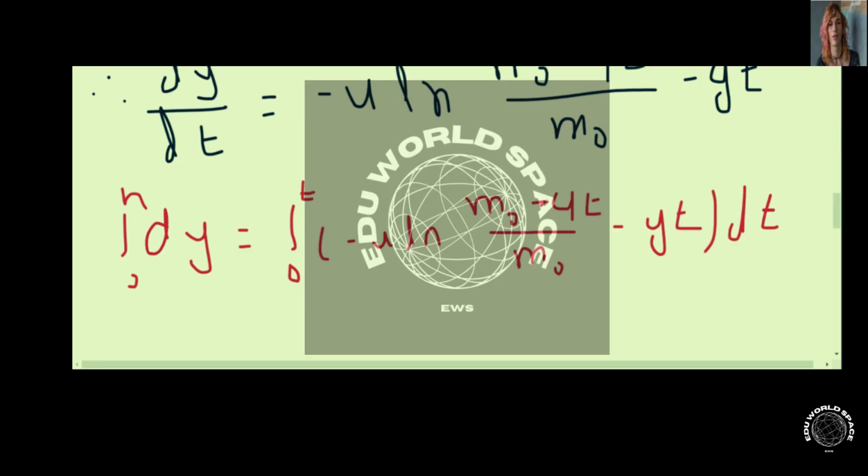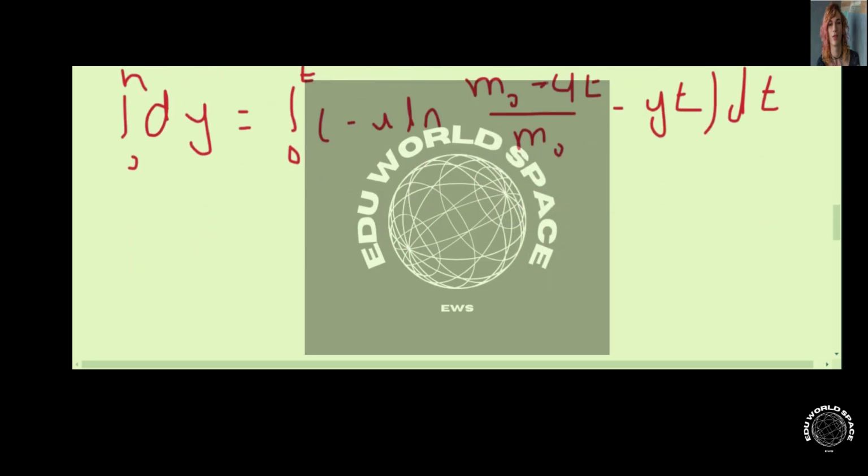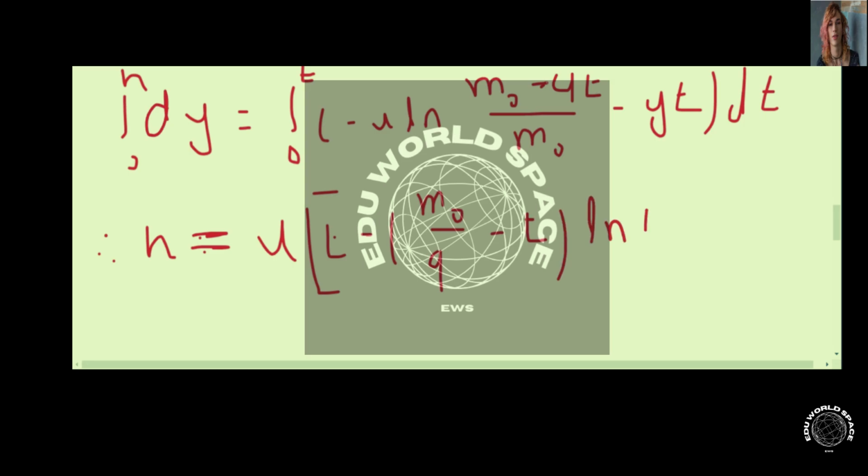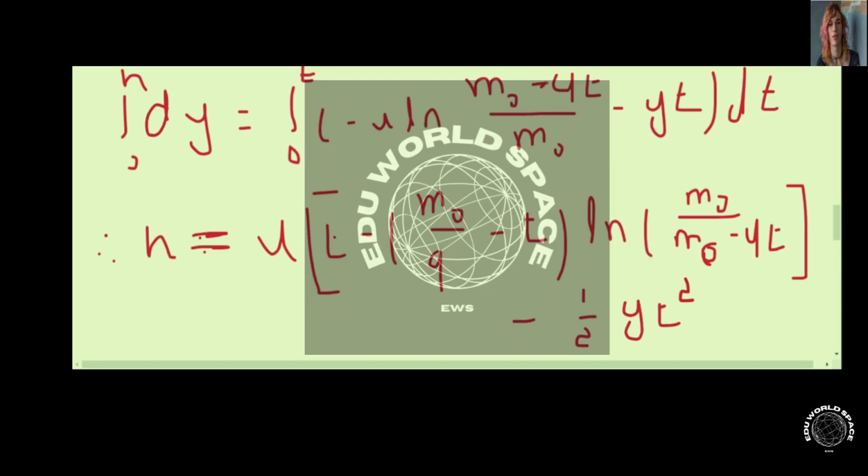Now after integrating and simplifying, we can get the result as h is equal to u times (t minus (m0 upon q minus t) ln (m0 upon m0 minus qt)) minus 1 half gt square.